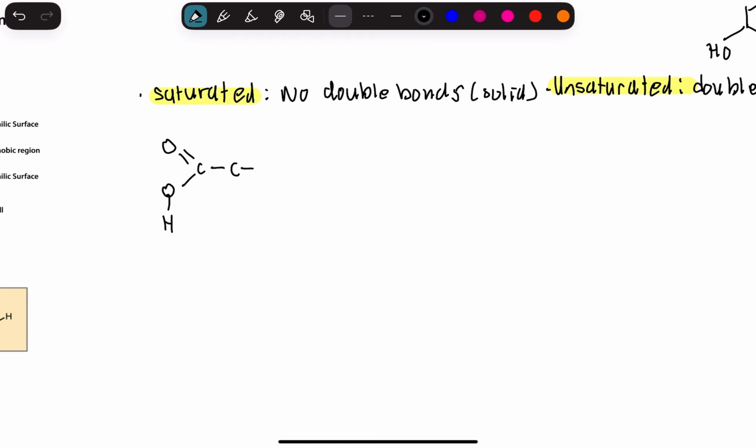So it's going to be C, okay, 1, 2, and 3.